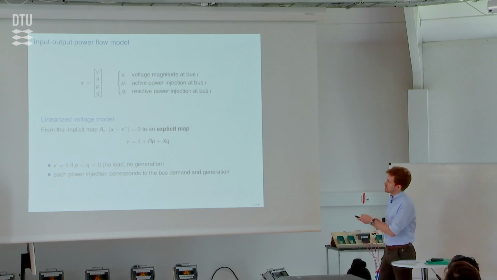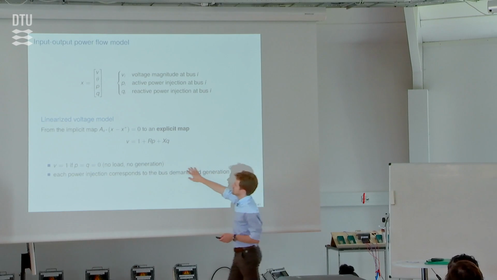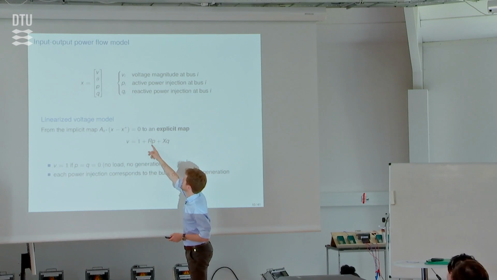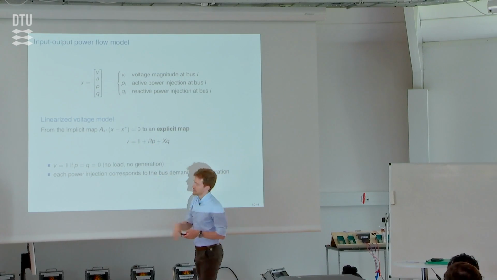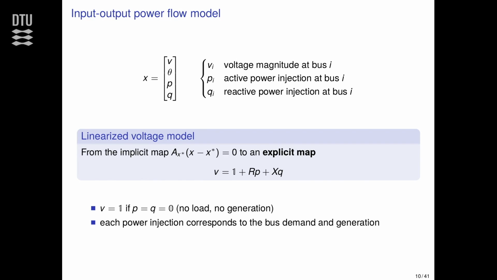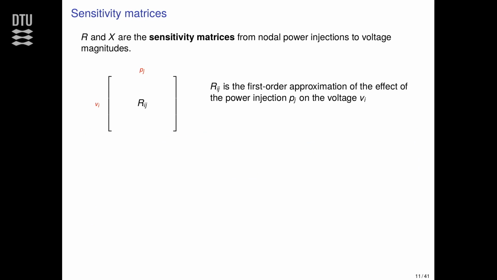So now, the only thing which is left to discuss here is actually these coefficients R and X. Let's focus on R only for today. What is R? R is what most power system practitioners would call a sensitivity matrix, because it's telling you what is the linear dependence between power injections and the voltage magnitude. It's the first order approximation of this effect, right?